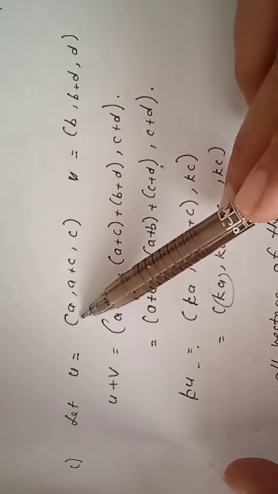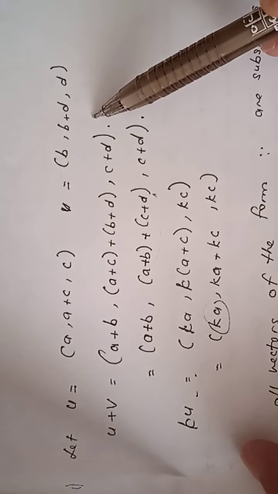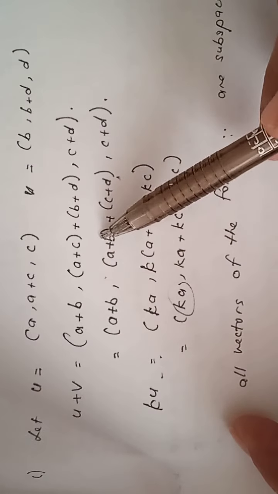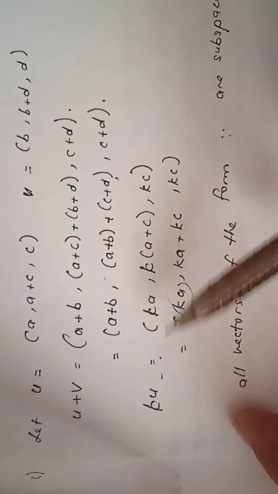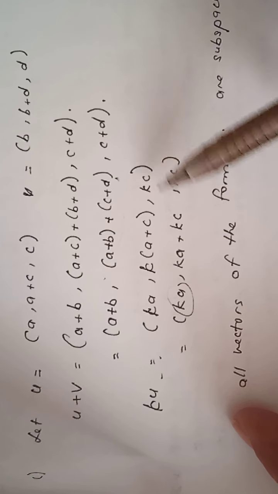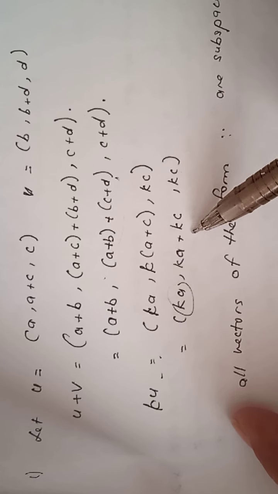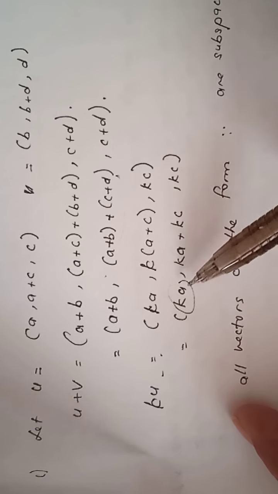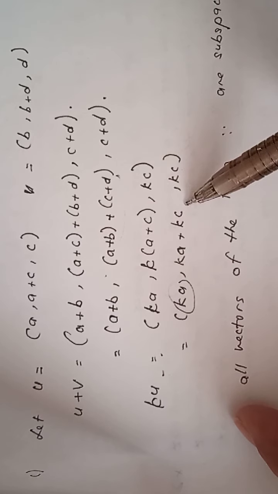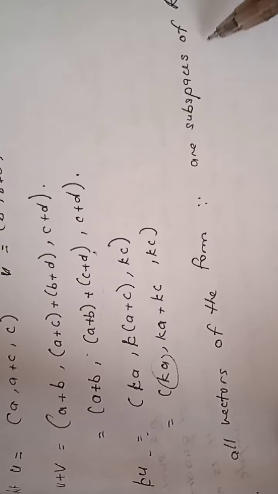The same also goes for V, so it meets the first criterion. For the second criterion, KU becomes (ka, ka plus kc, kc). The third is kc, and the second is ka plus kc, so the second component is made from the first plus third component. So it meets both the first and second criteria. Therefore, all vectors of this form are a subspace of R3.